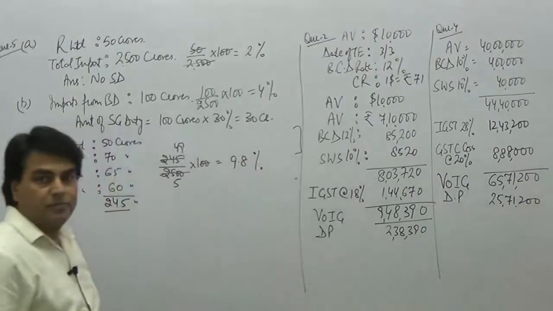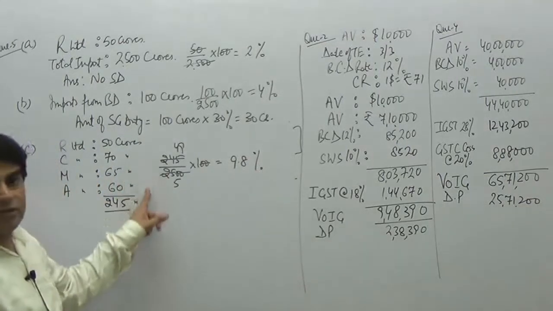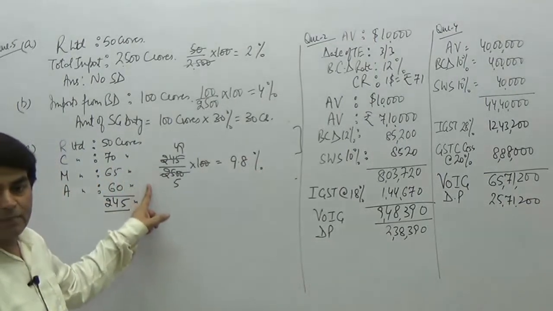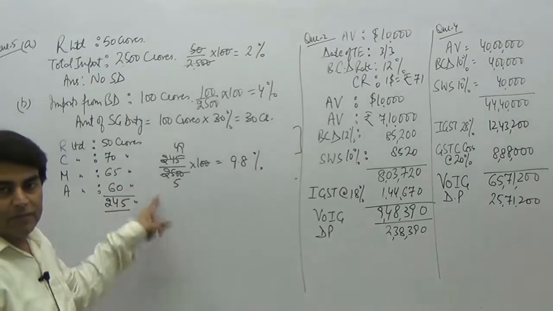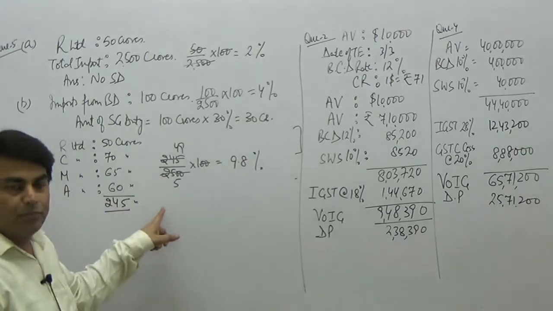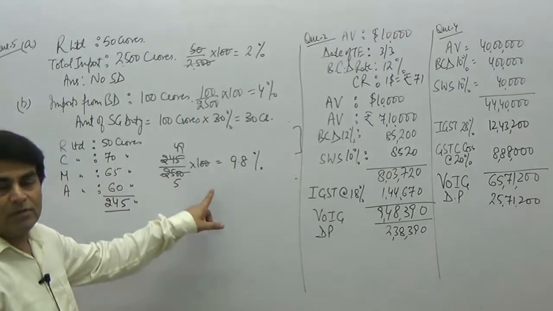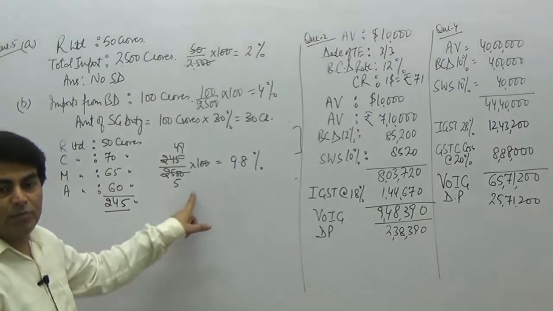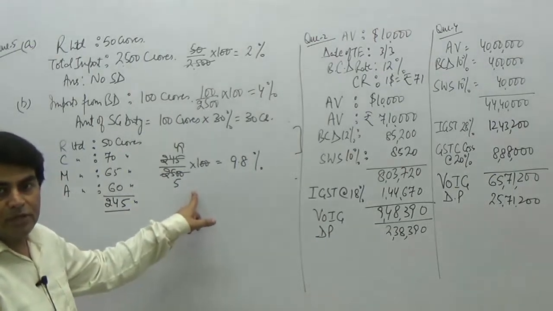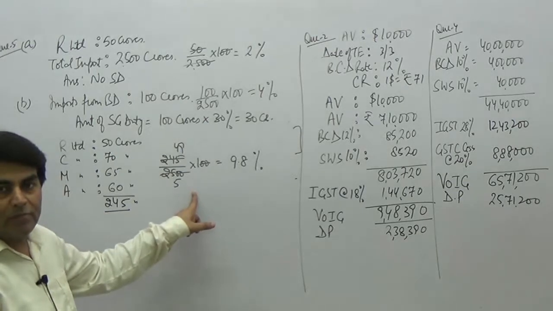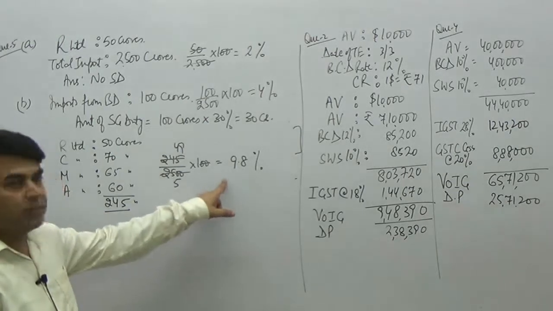Now please see that individually no one crosses the 3% limit. No one. But collectively, the import from the developing countries crosses 9% of the total import of these goods in India. The share of developing countries is 9.8%.